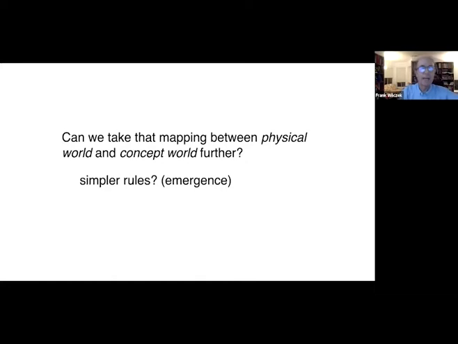Could we get even simpler rules that go into a program? Or could we even imagine that the mapping should go the other way, that there should be a concept world that's the primary reality, and the physical world is really a secondary manifestation of what's going on in a world of concepts? This is the philosophical doctrine of idealism, or mind over matter.